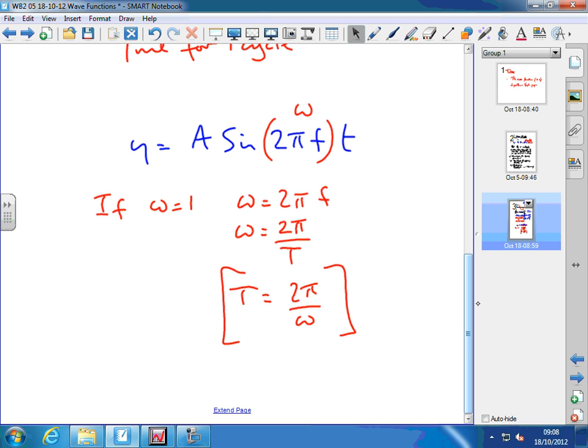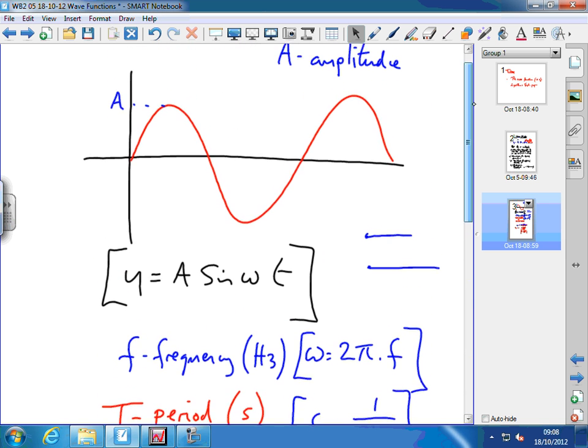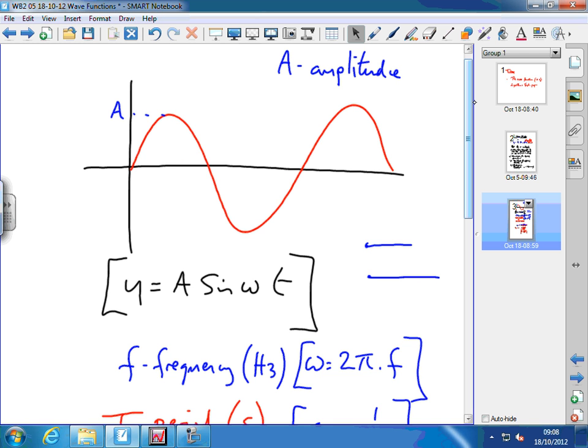So we can get information from here. If we go back to our wave, which is this, how can I read off the amplitude of the wave?